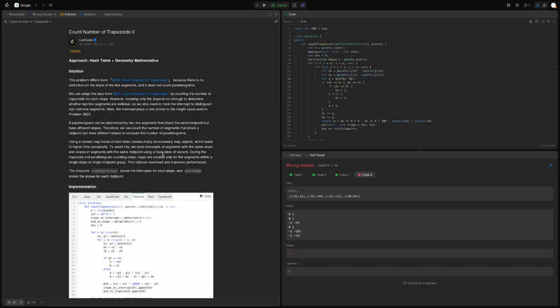What? What do you mean same midpoint? What is same midpoint? Intercept to distinguish non, yeah. Okay.